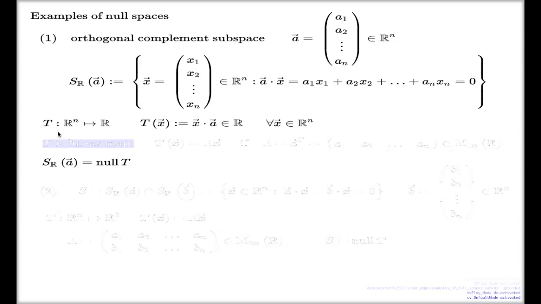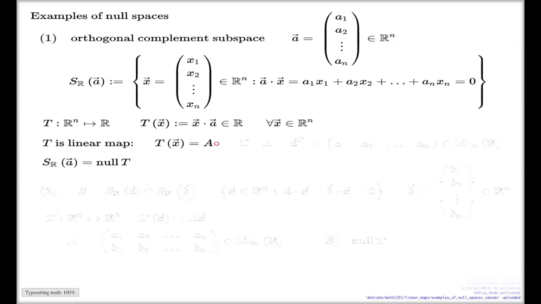So why do I know that T is a linear map? I'm not going to do it directly. I'm not going to check the two properties of a linear map. Instead, I will link my T to some other linear map we have studied already on Tuesday. Here's my linkage.